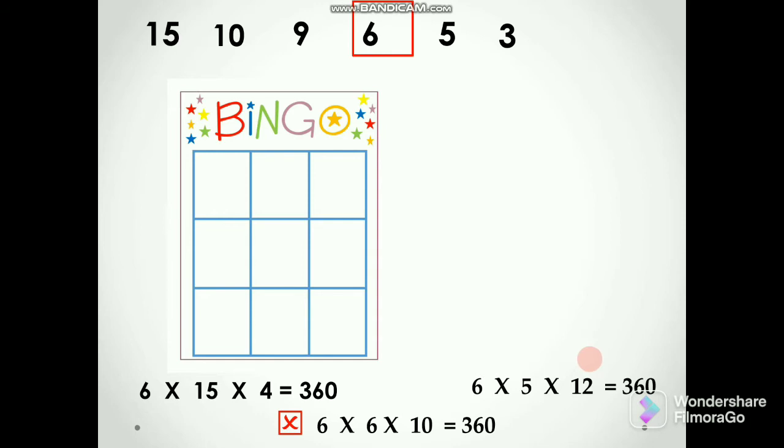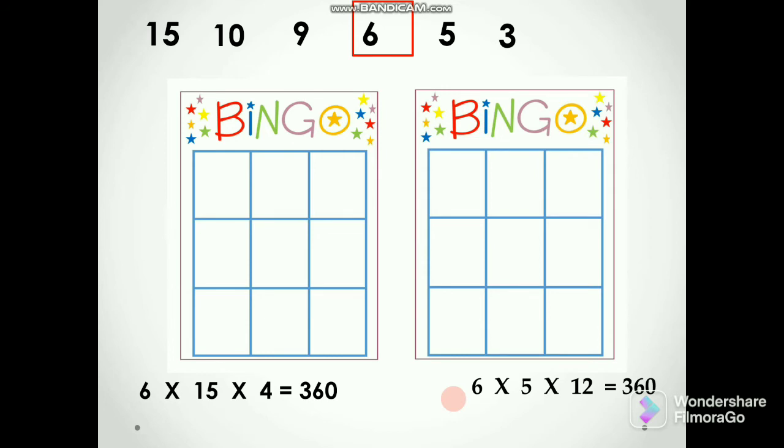So since we have two possible answers here, I want to draw another card here. So eliminate 6 times 6 times 10, and then I have another card here. We'll make it trial and error, and guess which is the correct answer, 6 times 15 times 4 or 6 times 5 times 12.